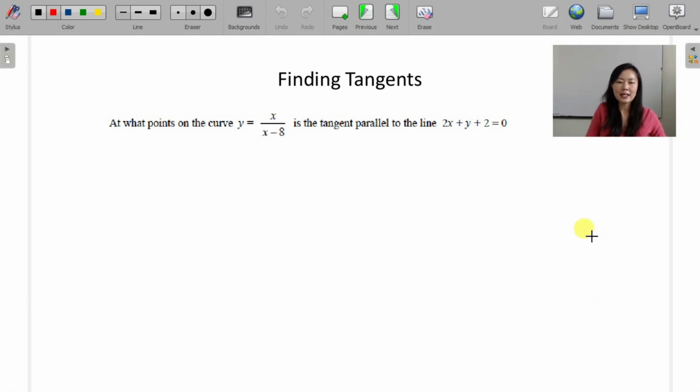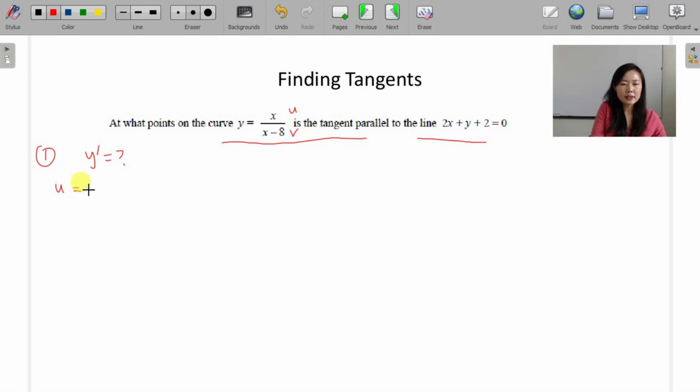All right, so let's take a look at the previous question because I mentioned this one's a little bit tricky. We need to find the points where the tangent is parallel to this line here. So you need the derivative first, and the derivative of this is a little bit annoying because you need the quotient rule. Top is u, bottom is v.